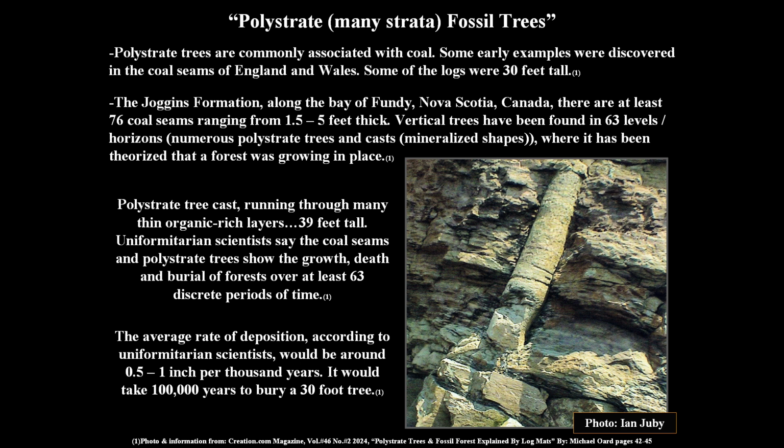So that is the answer you're going to get from the uniformitarian thinking. The average rate of deposition, according to uniformitarian scientists, would be around 0.5 to 1 inch per 1,000 years. It would take 100,000 years to bury a 30-foot tree.